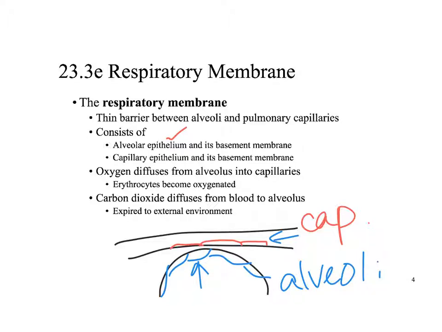So really, there are only about 4 layers that things have to pass through. Oxygen is going to pass through the squamous cell, basement membrane, and squamous cell to get into the blood, and carbon dioxide is going to go the opposite way. So there's a very thin layer that we have to cross, and that's what the respiratory membrane is.